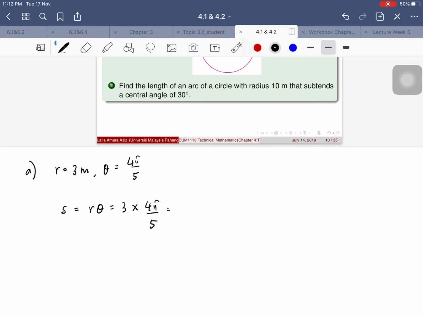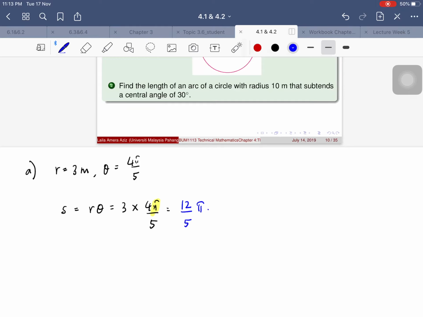Usually for cases like this, leave pi aside and just press your calculator for the rest of them, which is 3 multiplied by 4 over 5. For this case, that is 12 over 5 pi. This is a better way of writing your value instead of all the decimal places.